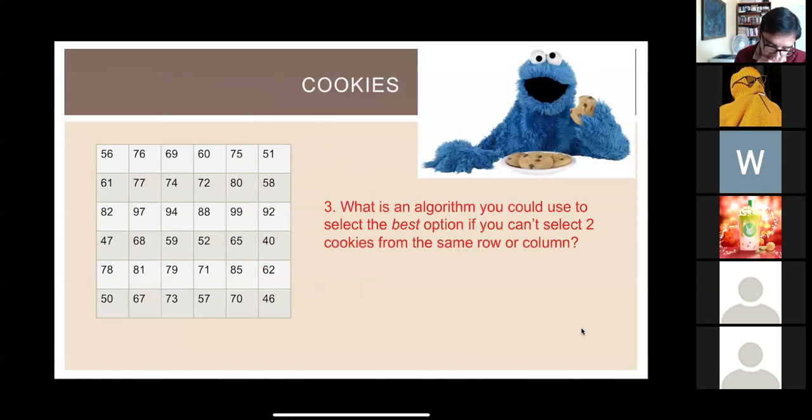Okay, so using our greedy strategy, let's see. So we did 99 first. That eliminated this row and column. Then we picked 81. Then the next one that we pick is, I think 74, I guess. 74.